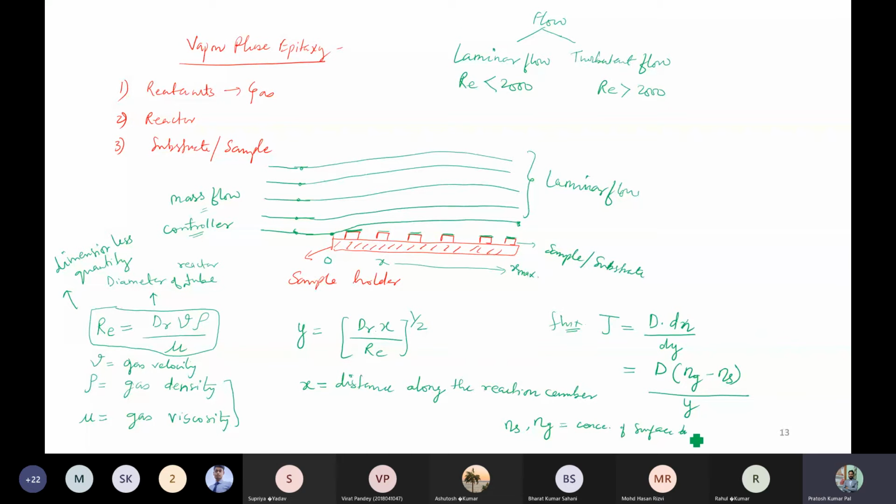Whatever gas molecules are there, what is the concentration of gas? This is the surface, and what is the concentration of gas? This difference is given by dN, the concentration gradient.